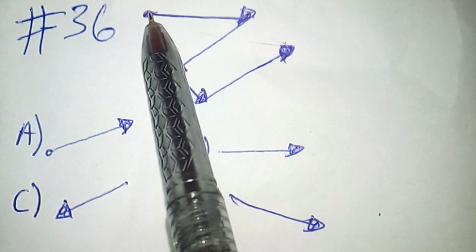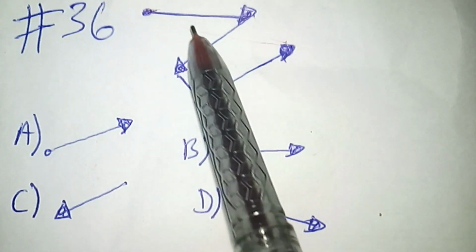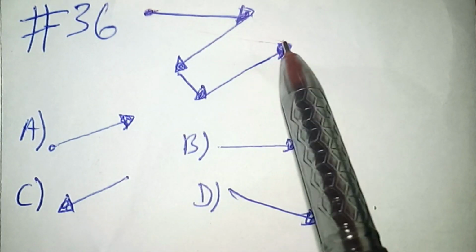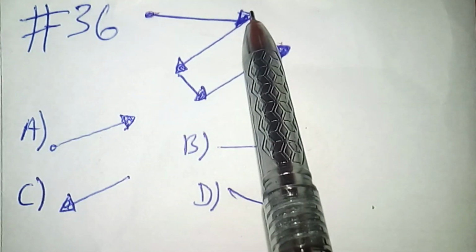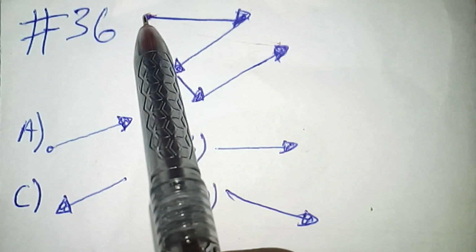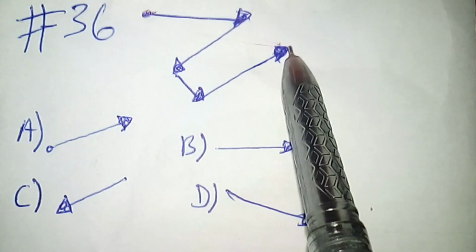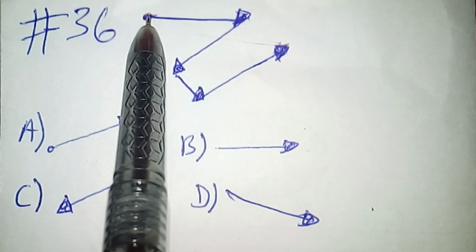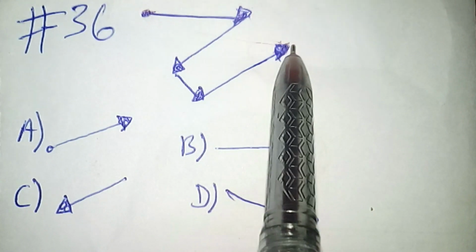The vectors are given in a diagram, that means in arrow representation. If the vectors are drawn head to tail, then the resultant vector is the vector drawn from the tail of the first vector to the head of the last vector.